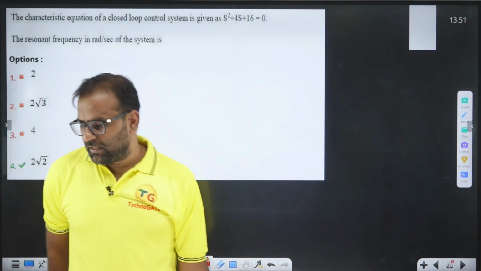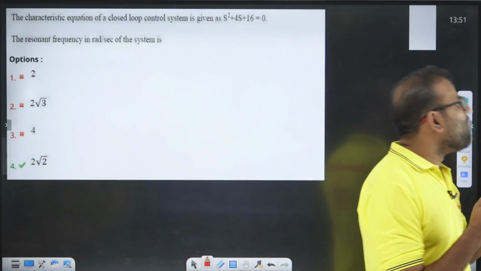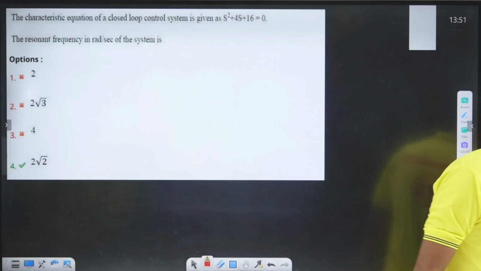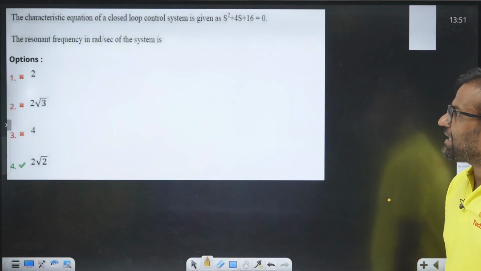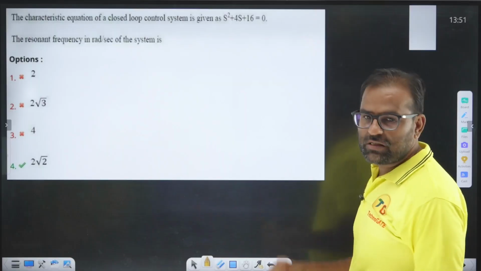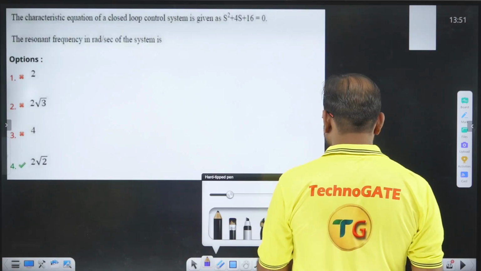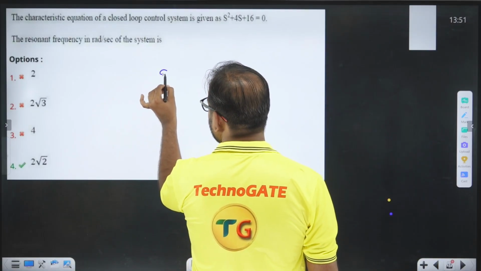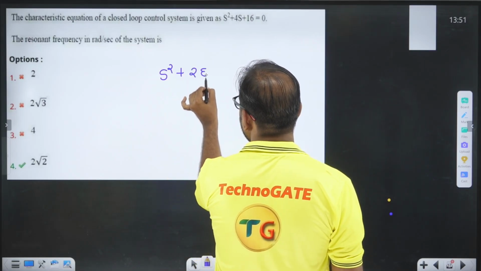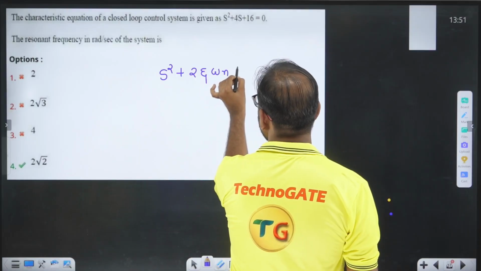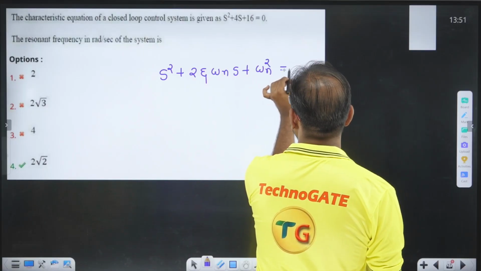The next question is related to the control system. This question is saying that the characteristic equation of a control system is given by this. You have to remember that the standard characteristic equation of a control system, the prototype, is S square plus 2 zeta omega n into S plus omega n square equal to 0.